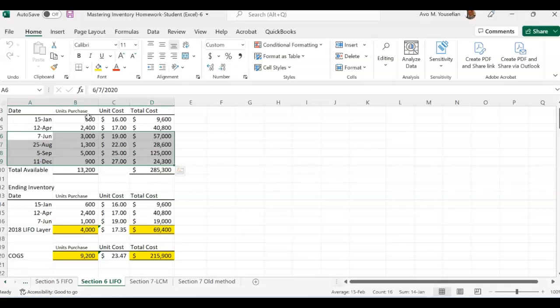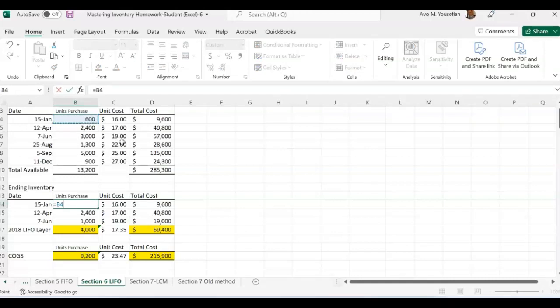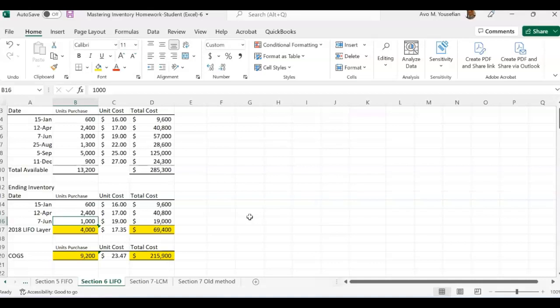We go to the top, we take the first one in January, but that's only 600 units. Okay, that's only 600. So that's not good enough. So that equals to that number. Then we go to the next layer to get a little bit more, but the next layer has only 2,400. So that equals to that layer. Make sense? And the cost, again, equals to that cost. Make sense?